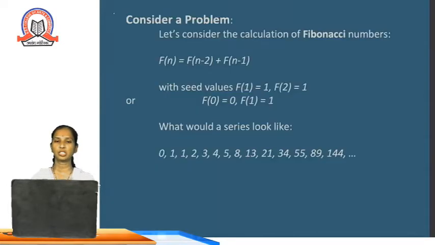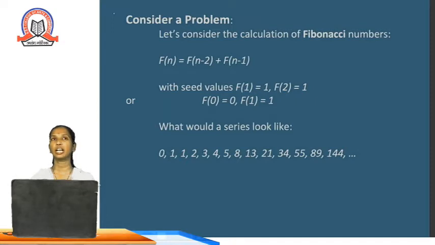How? Let us see. Consider a problem of calculating the Fibonacci of numbers. How do you calculate the Fibonacci of a new number? It is going to be the addition of the prior two numbers. For example, if I have to calculate the Fibonacci of number n, then it will be the Fibonacci value of n minus 2 plus the Fibonacci value of n minus 1. Let us take an example.